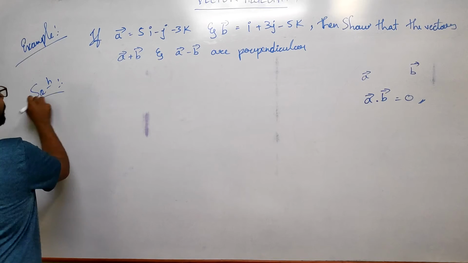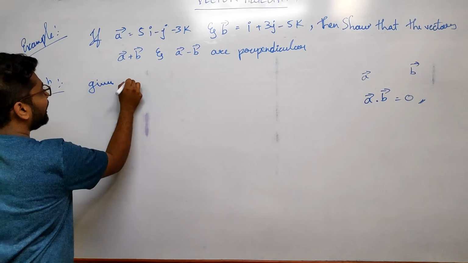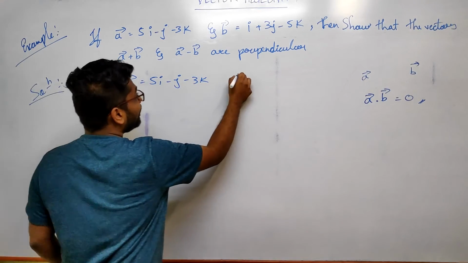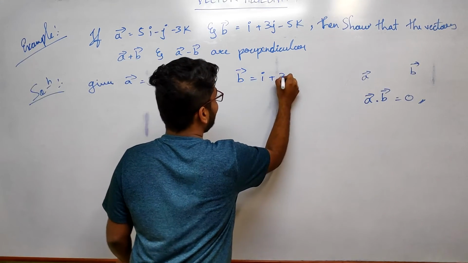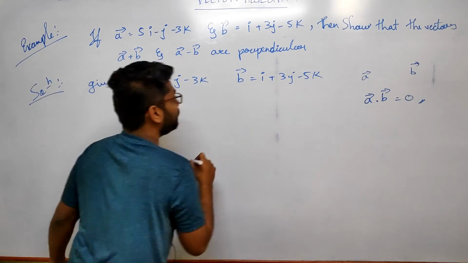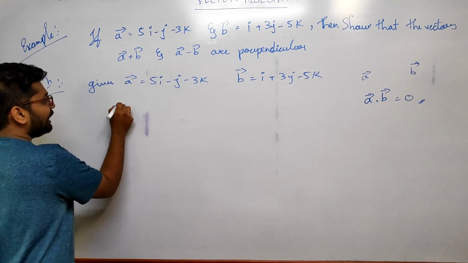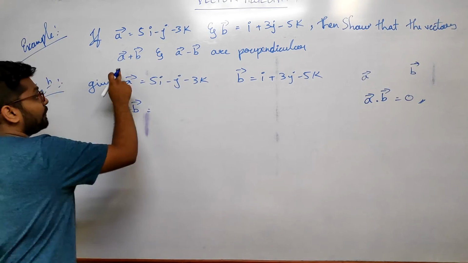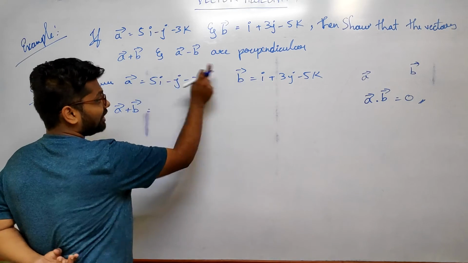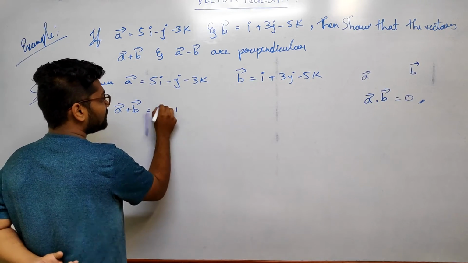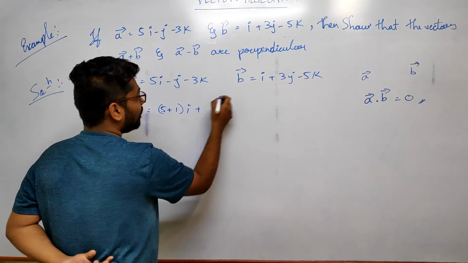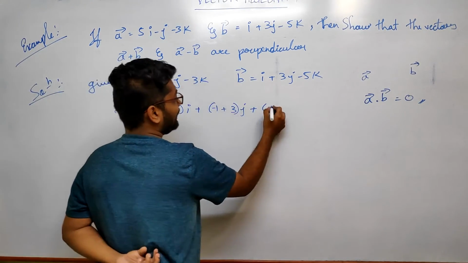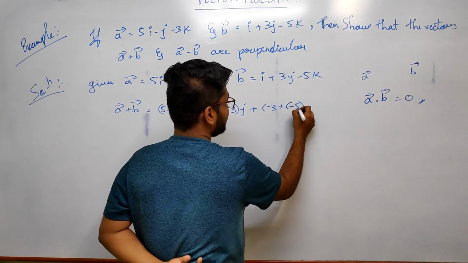So, the solution. First, what is given? A bar is given as 5i minus j minus 3k, and b bar is given as i plus 3j minus 5k. Now what we have to find? A bar plus b bar. This is simple addition. We have seen it in the first exercise, that is, add corresponding components. 5 plus 1 i, plus minus 1 plus 3 j, plus minus 3 plus of minus 5.